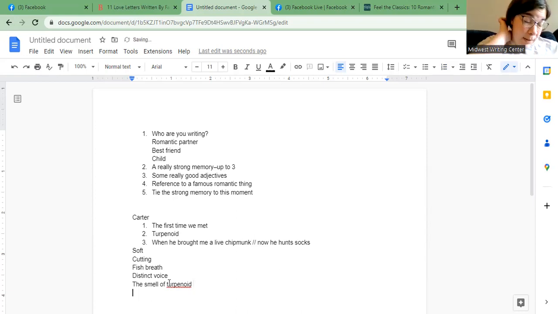What was I feeling when I had a live chipmunk in my lap? Panic. At first I didn't know it was alive. There was some awe. My heart rate probably increased because I was panicked about having a chipmunk in my lap. There was also fear with the terpenoid.